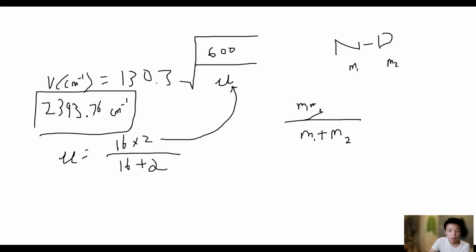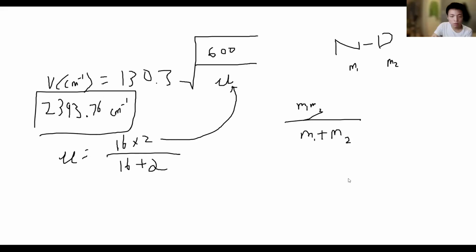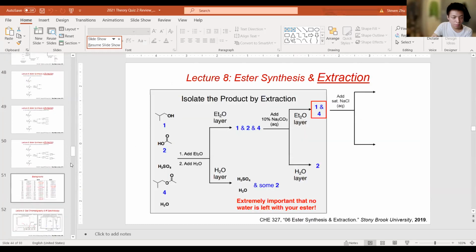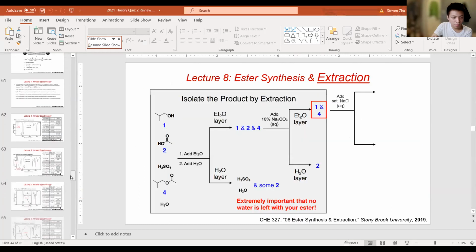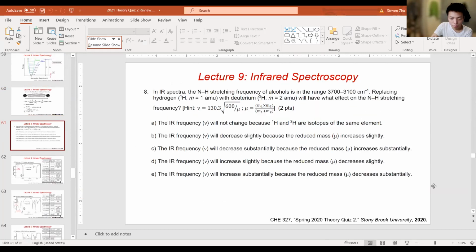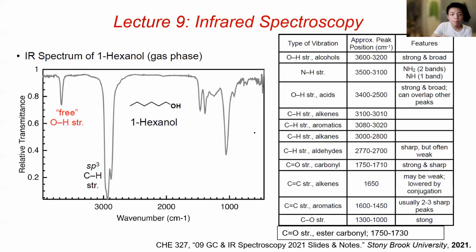Let me switch to PowerPoint. And here are some features for different molecules we're interested in this experiment or this lecture.